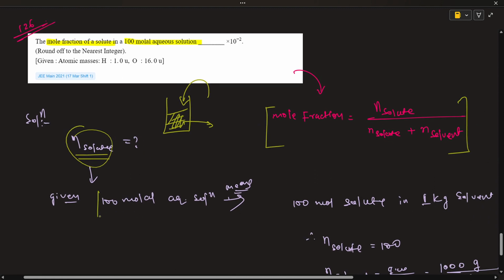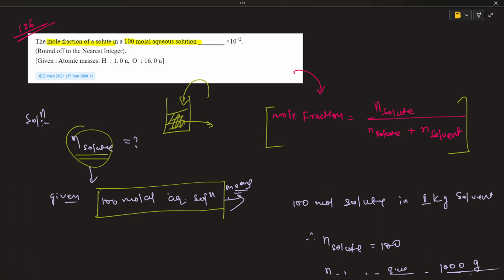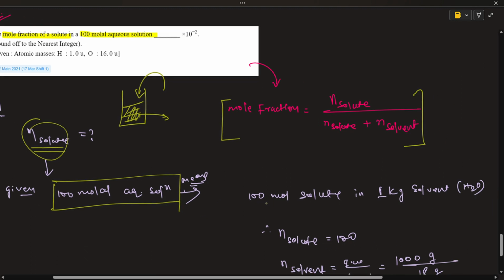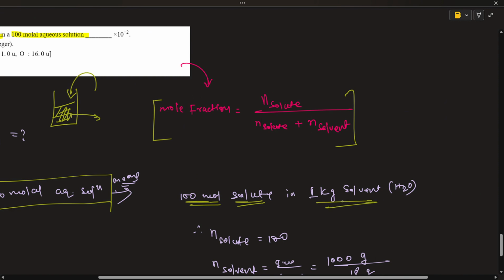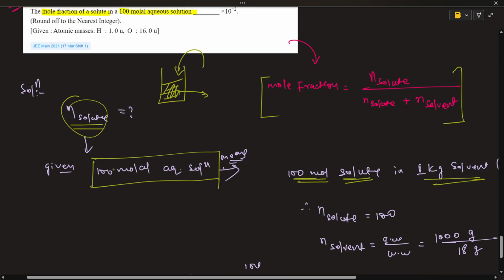So how will we find the moles of solute here? See, this one-line statement is given in the question, and from this statement we will know the moles of solute. Here it is a 100 molal aqueous solution. Whenever it is given 100 molal aqueous solution, what it means is 100 moles of solute in 1 kg of solvent. Got it?